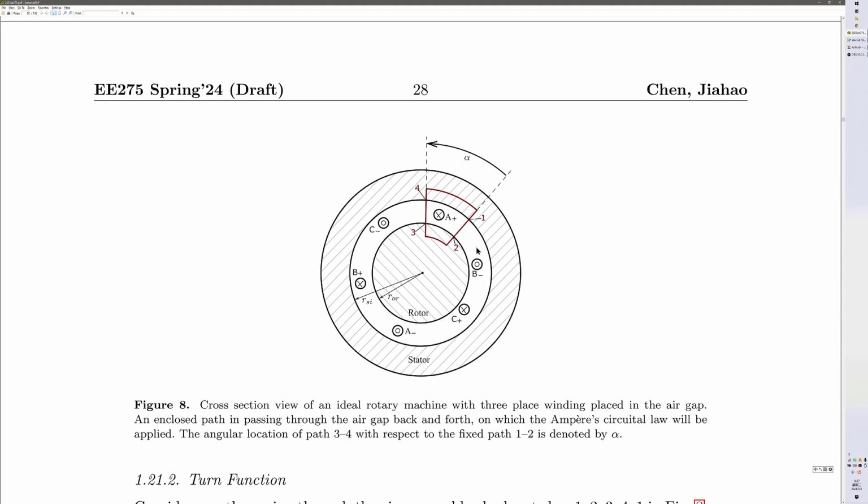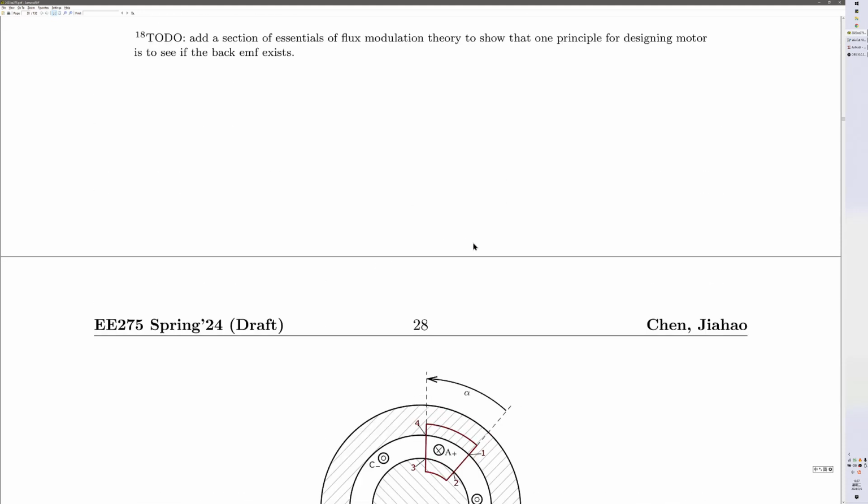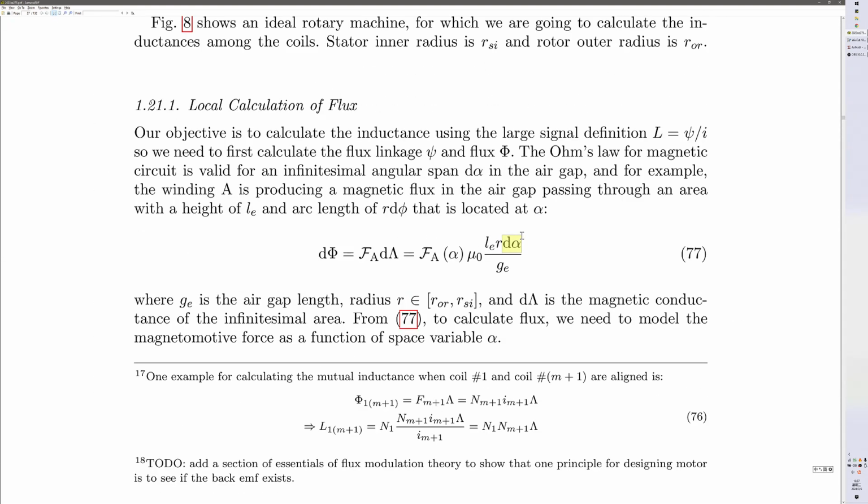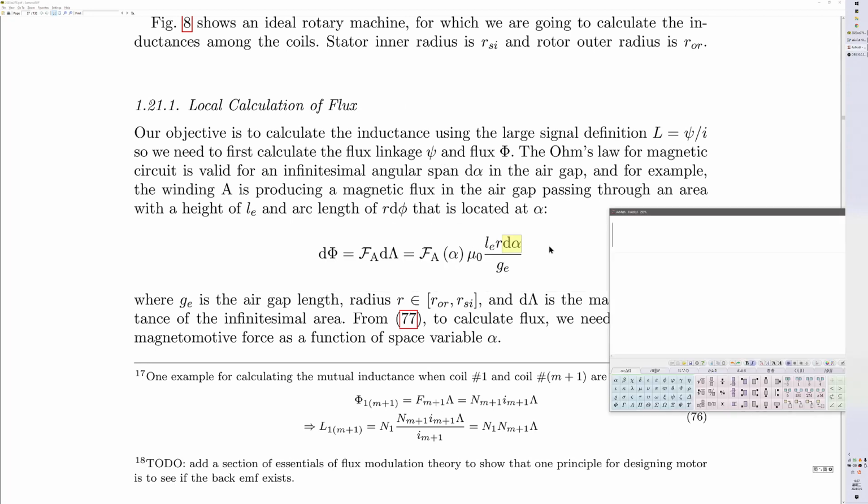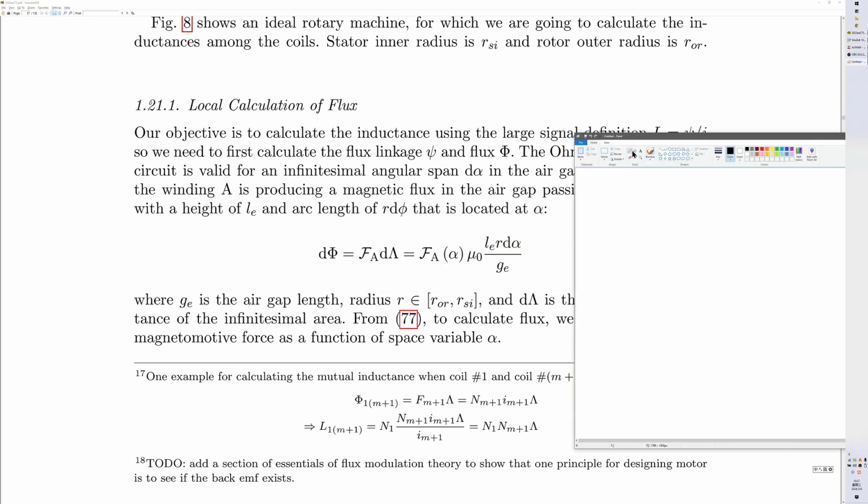So this is the air gap, and we consider a small d alpha. We have flux lines here, and we are going to calculate the d phi that is accepted over this tiny space in our air gap.